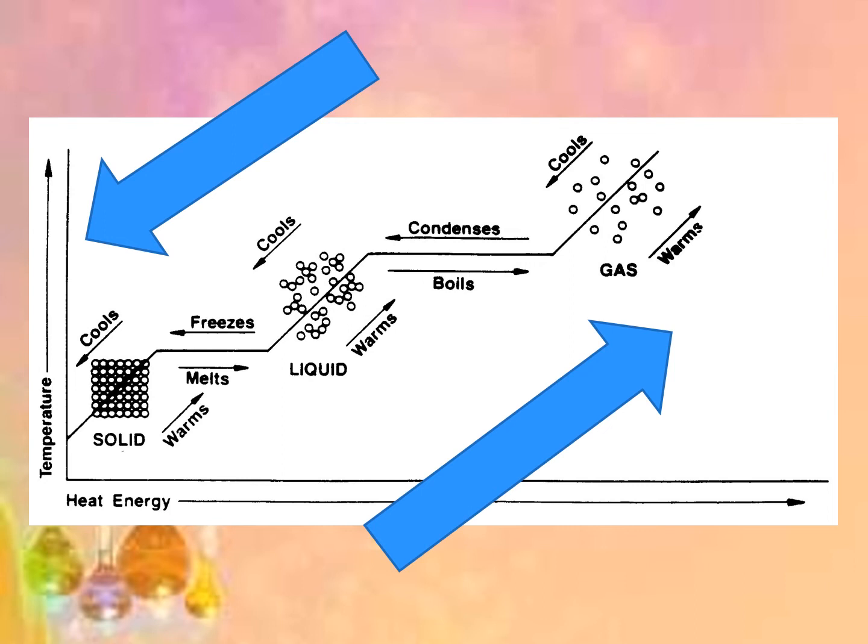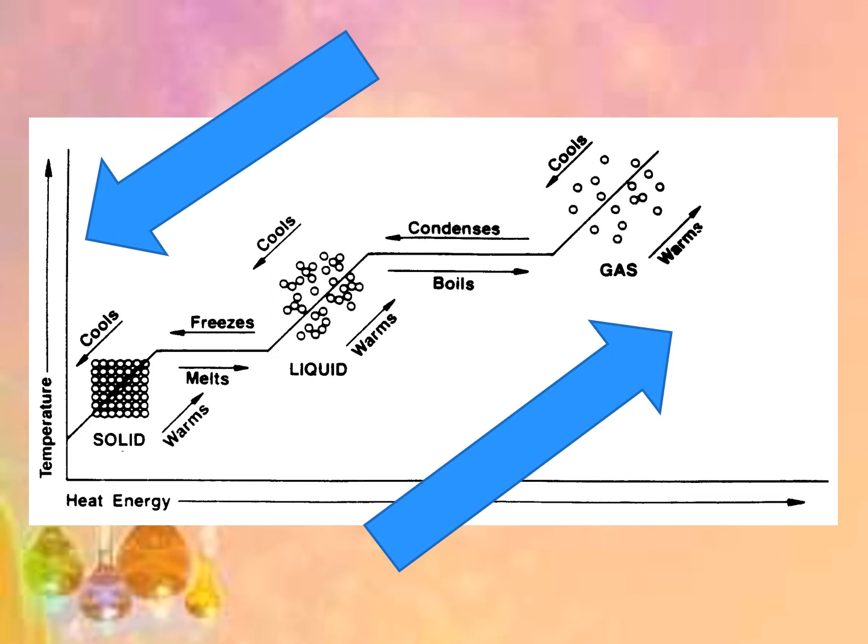As you've seen, when the solid phase absorbs heat energy, it becomes warm, then it melts and turns into liquid. And when the liquid phase absorbs heat energy, it becomes warm, boils and turns into gas.